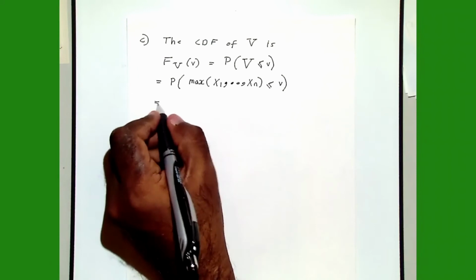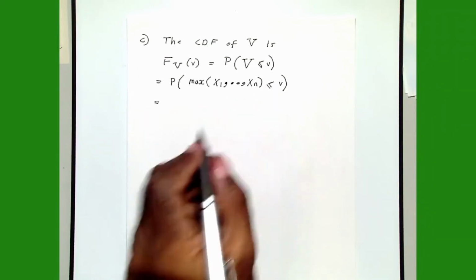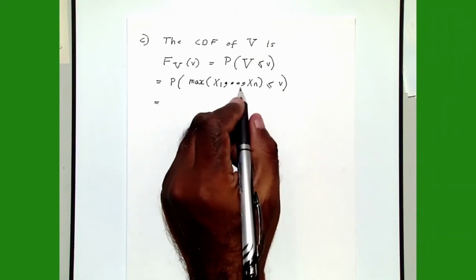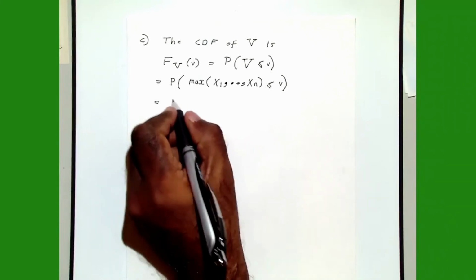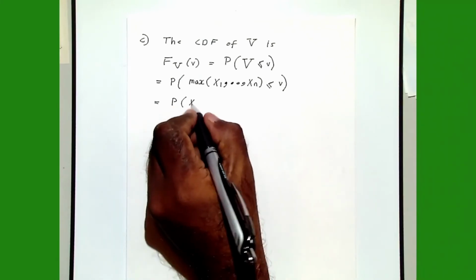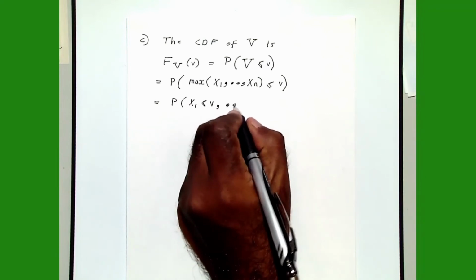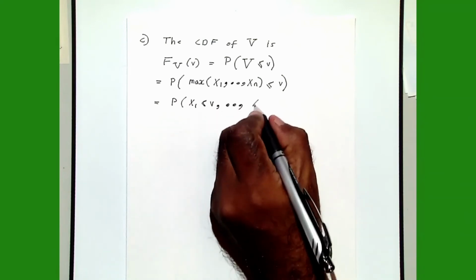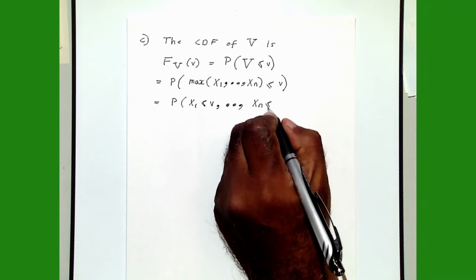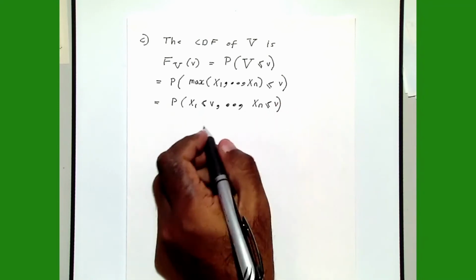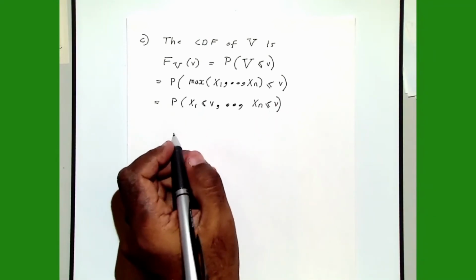Now, if the maximum is less than or equal to a fixed number, then each of these variables has to be. So this is the same as saying that x1 is less than or equal to V, up to xn is less than or equal to V. Okay.